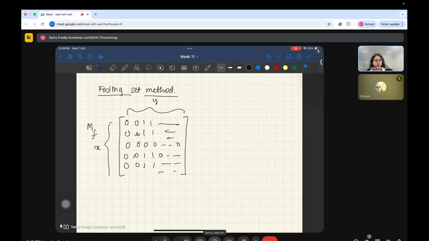Now there is this notion of a rectangle, or a combinatorial rectangle.